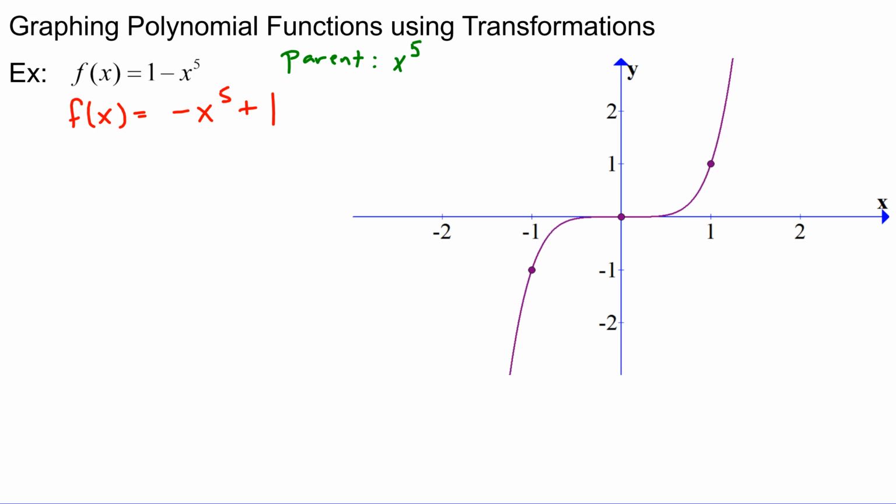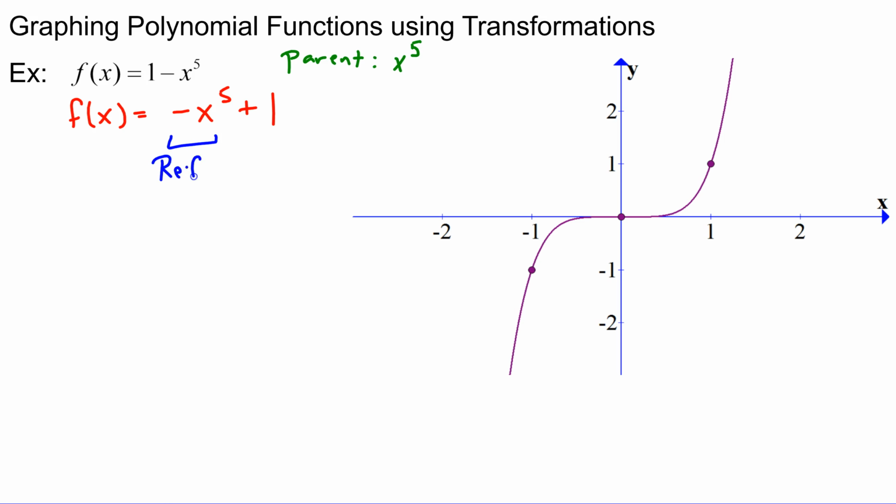So there's my parent function already graphed. Now we can look at our transformations. The first transformation is this negative that's applying to the x to the fifth. Because I don't have parentheses written down, that's showing that the negative happens after the x to the fifth happens, so it's actually outside my parent function.